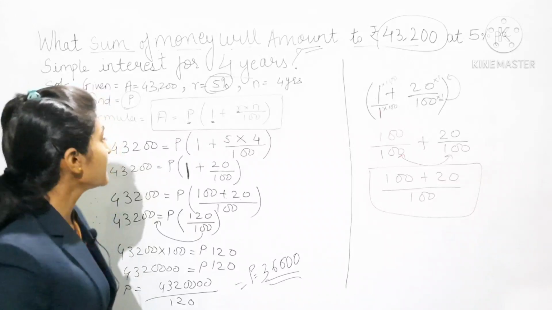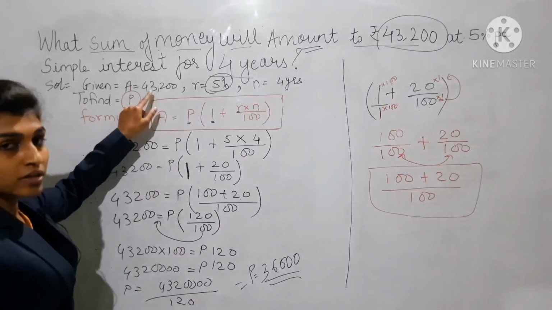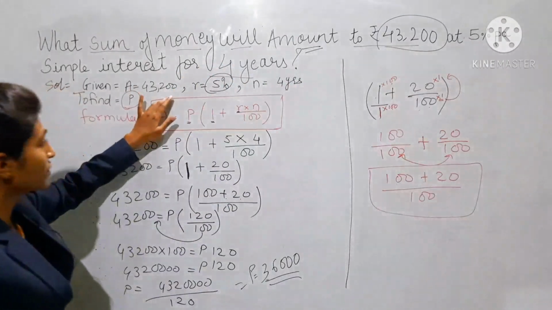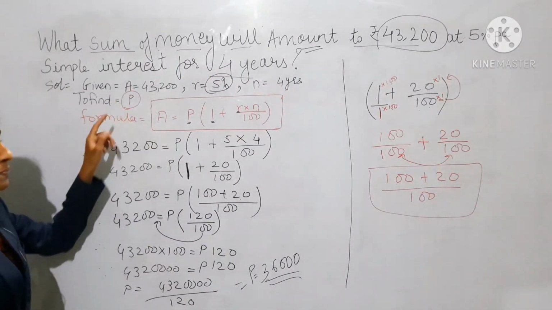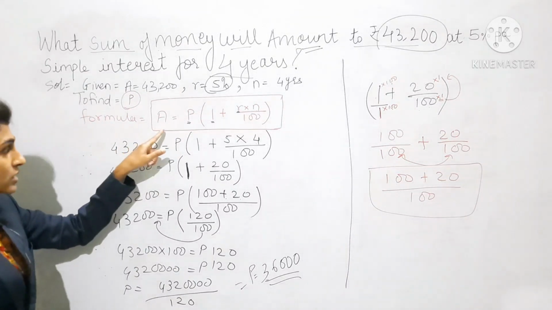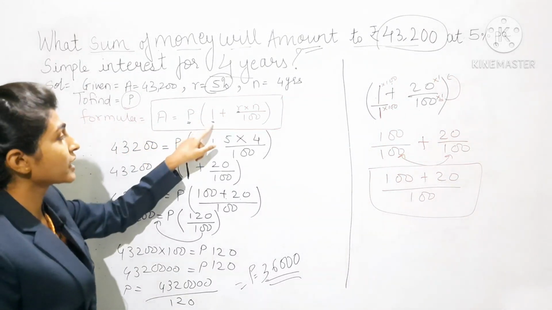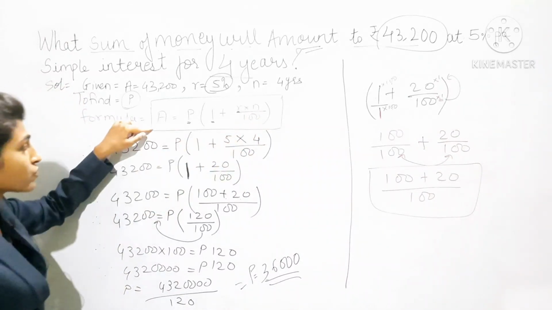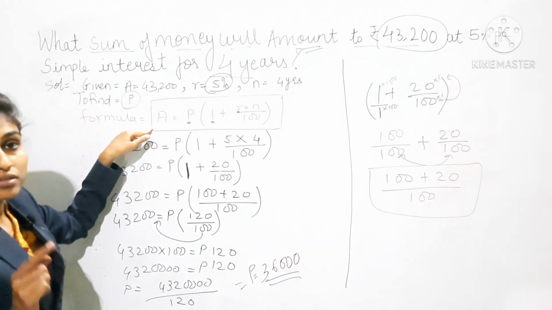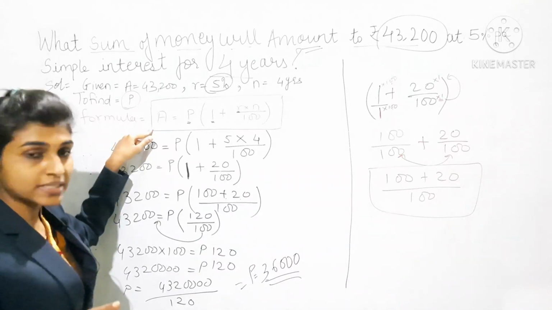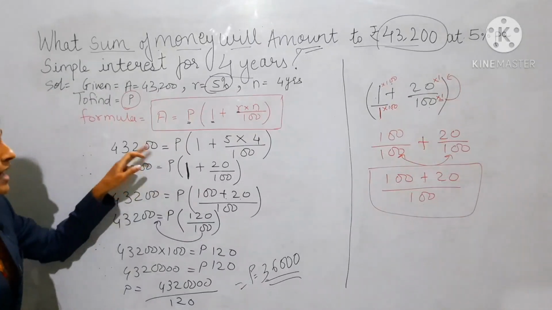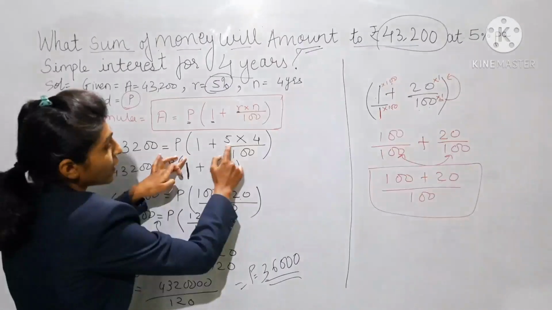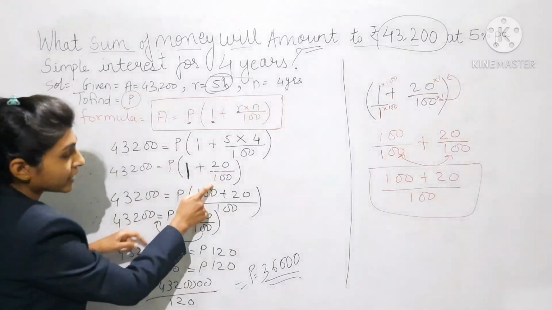I will repeat again. See, whatever is given in the question I have noted down as it is. To find is P, so I am going to use the formula A is equal to P bracket 1 plus R into N divided by 100. By this formula I am going to find the principal. So put the values as per the formula. Then inside the bracket, 5 into 4 is 20 divided by 100.